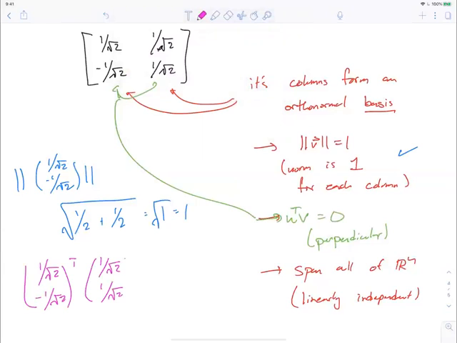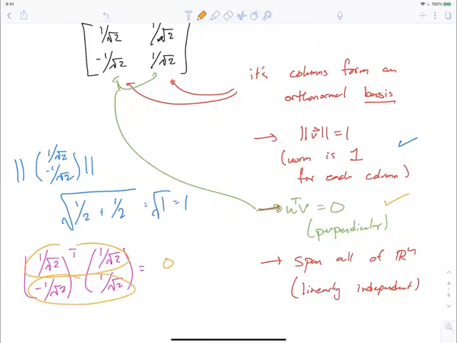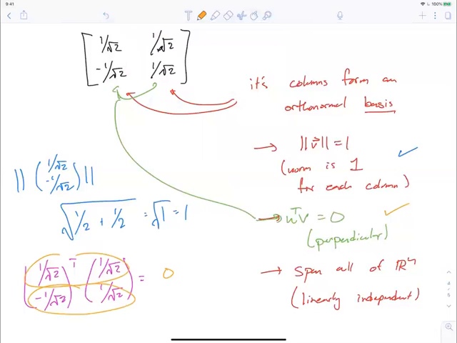Here we're doing the same multiplication, except one is going to be the same sign and the other the opposite sign. So this gives you 0. And we can check that these are in fact linearly independent. In this case, it's a 2x2, so the only way they can't be linearly independent is if they're multiples of each other, and this pesky minus gets in the way. So this is an orthogonal matrix whose columns form an orthonormal basis.